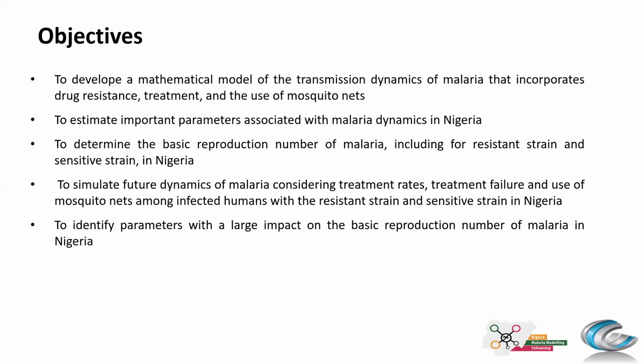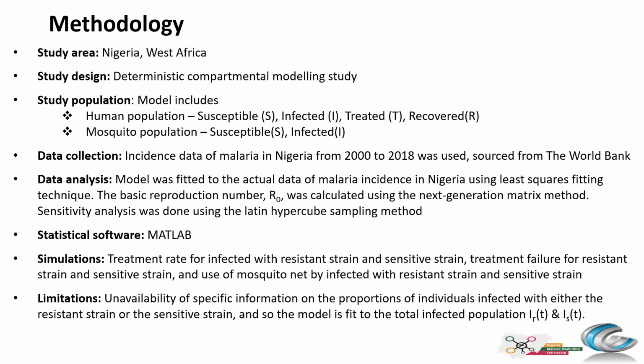Fourth, to simulate future dynamics of malaria, considering the treatment rates, treatment failure rates, and use of mosquito nets among infected humans with the resistant strain and the sensitive strain in Nigeria. And lastly, to identify the parameters with a large impact on the basic reproduction number of malaria in Nigeria.